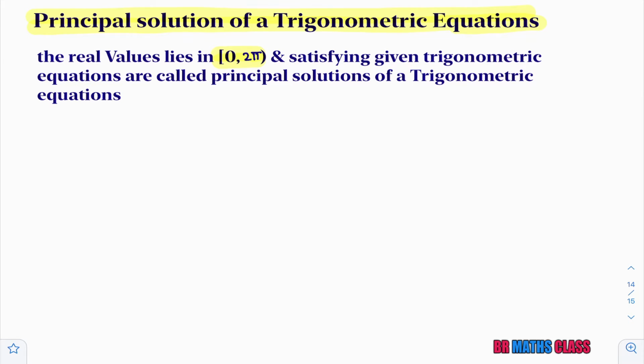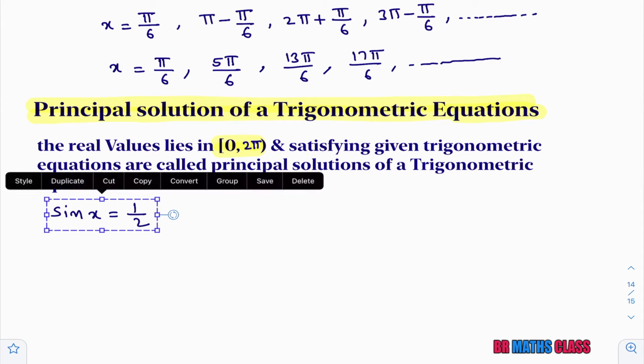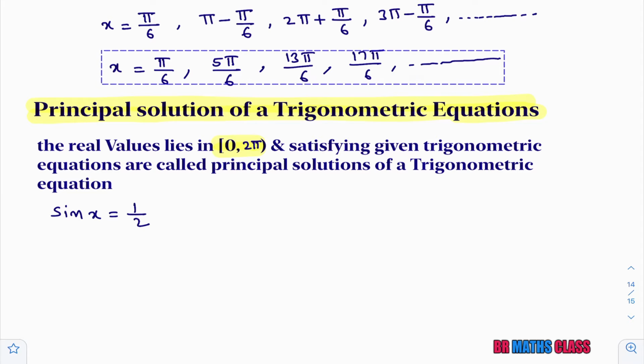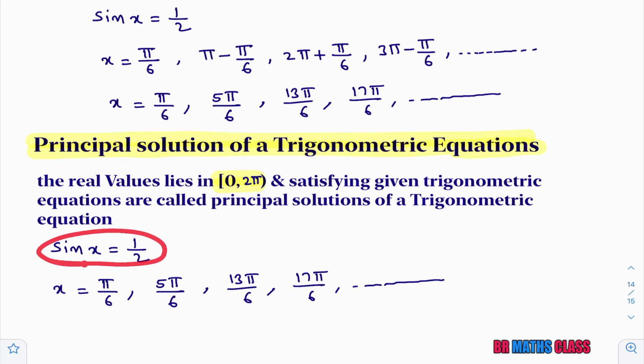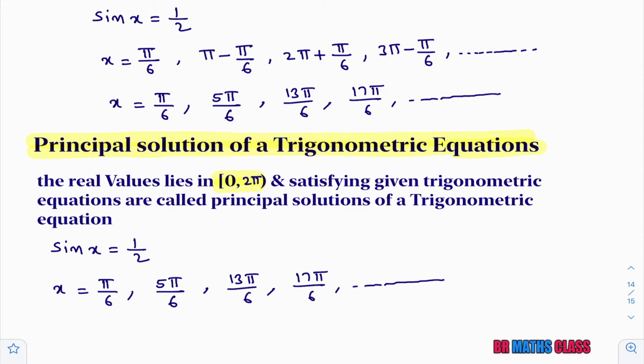I'll try to explain this with an example. You observe here, sin x equal to 1 by 2 is the equation. For this, we know these are the solutions that we discussed just now, right? So I'll take the same example. What are the solutions of this equation? The solutions are pi by 6, 5 pi by 6, 13 pi by 6, 17 pi by 6 and so on.